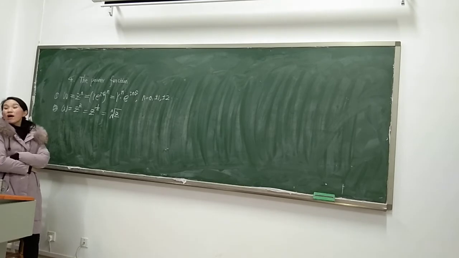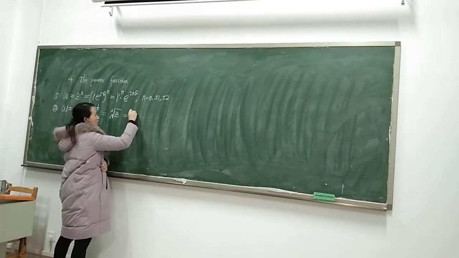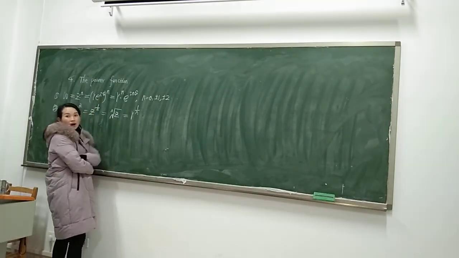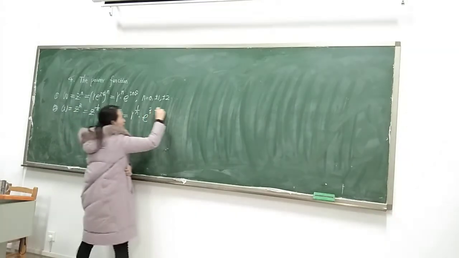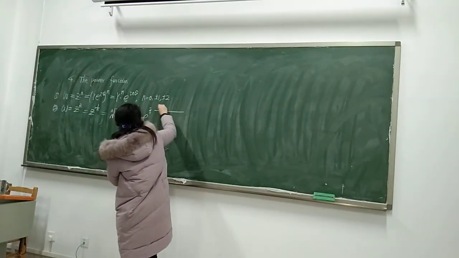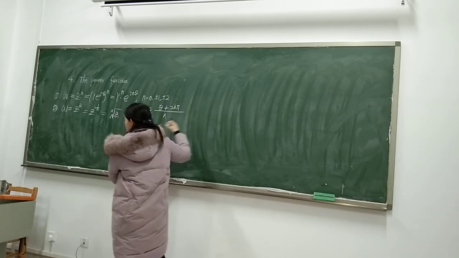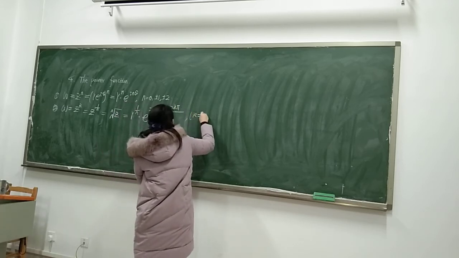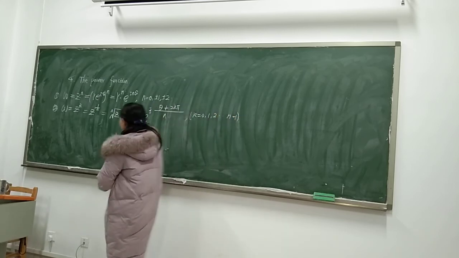Okay, this one we have also studied. You can write r to the 1 over n, e to the i, theta plus 2k pi over n, and this k is 0, 1, 2. This is the second.